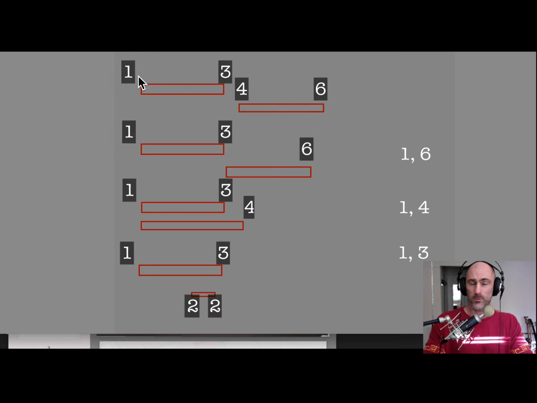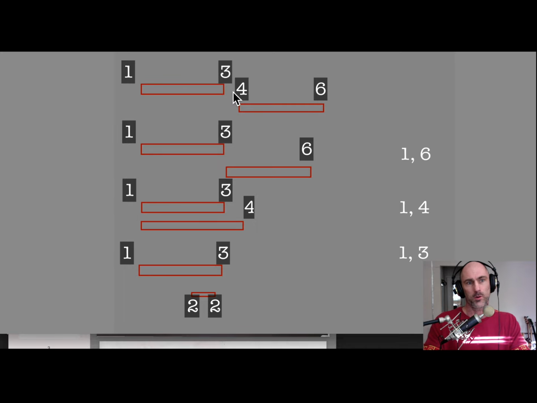Sort by the start, and that will guarantee that all the intervals in the array will be sorted according to start time. And so the second interval could be having the same start time as the first interval, and the third the same as the second, and so on.